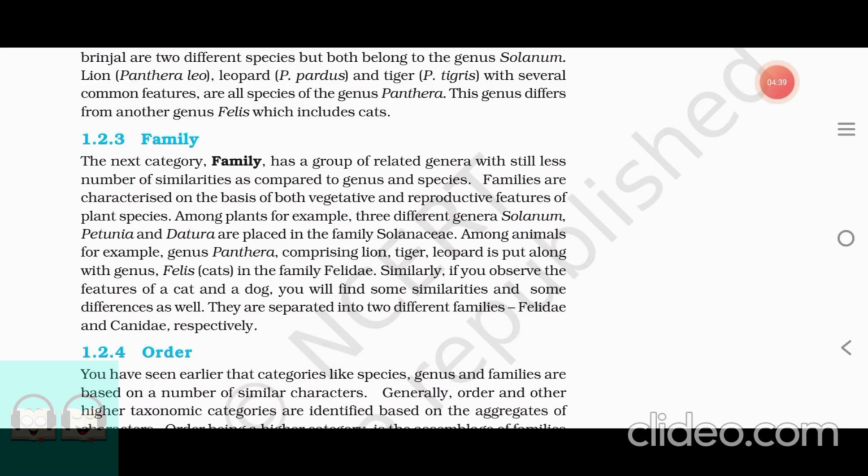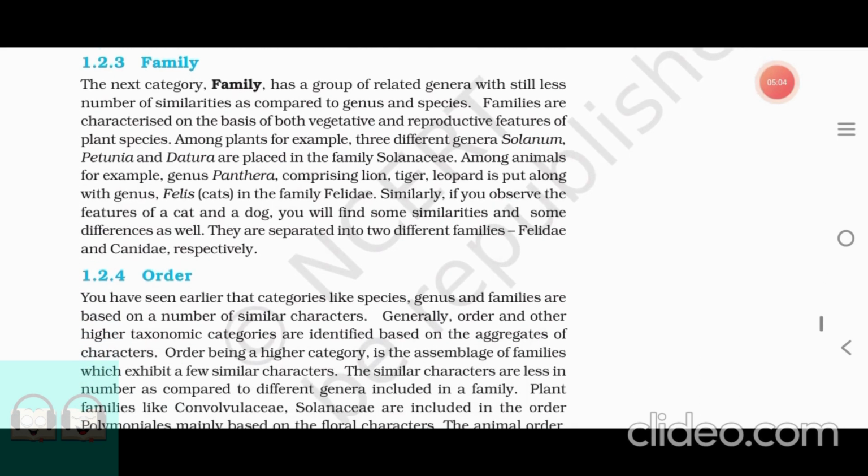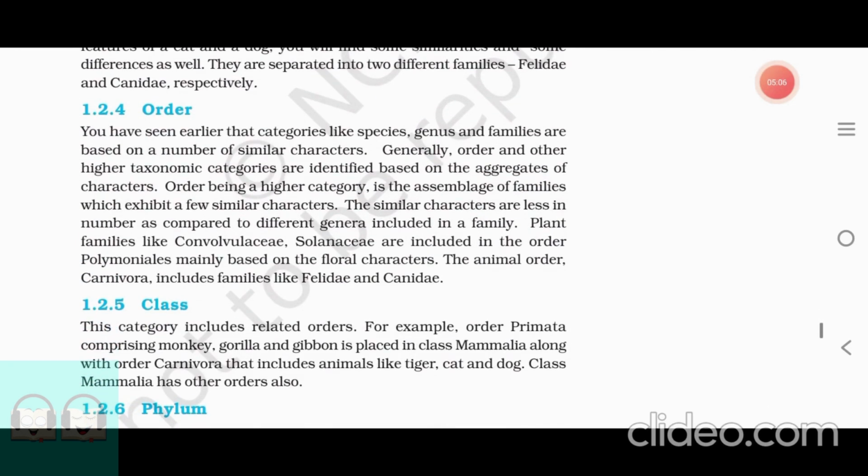Among animals, for example, genus Panthera comprising lion, tiger, leopard is put along with genus Felis, cats, in the family Felidae. Similarly, if you observe the features of a cat and a dog, you will find some similarities and some differences as well. They are separated into two different families, Felidae and Canidae, respectively.